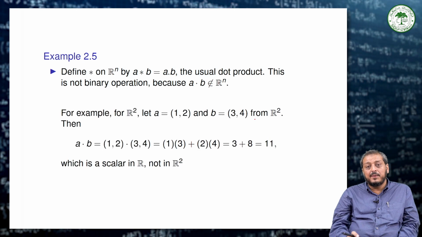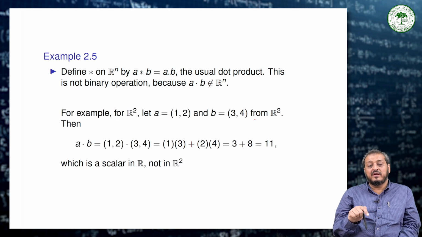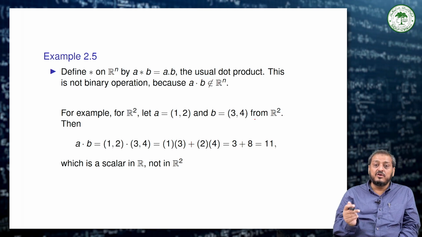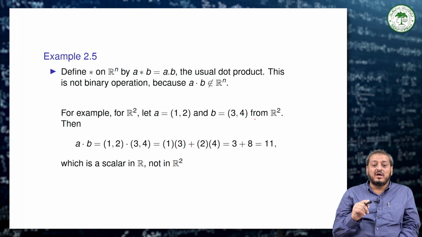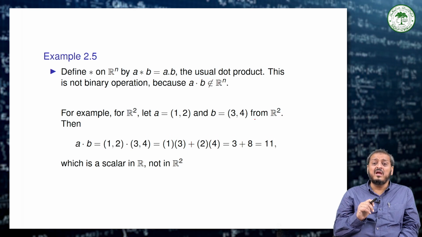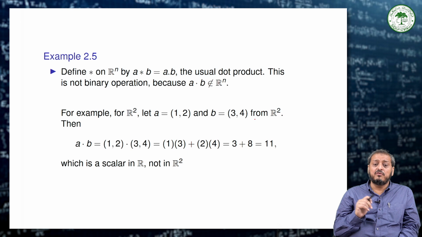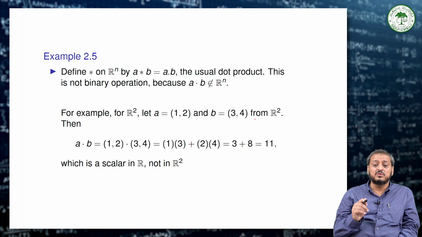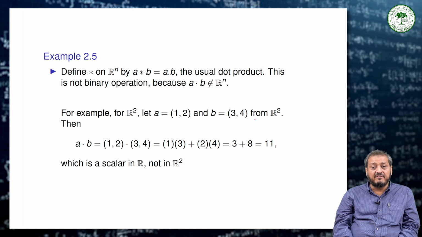For example, take R^2, where a = (1, 2) and b = (3, 4). Then (1, 2) · (3, 4) is 1 × 3 + 2 × 4 = 3 + 8 = 11.